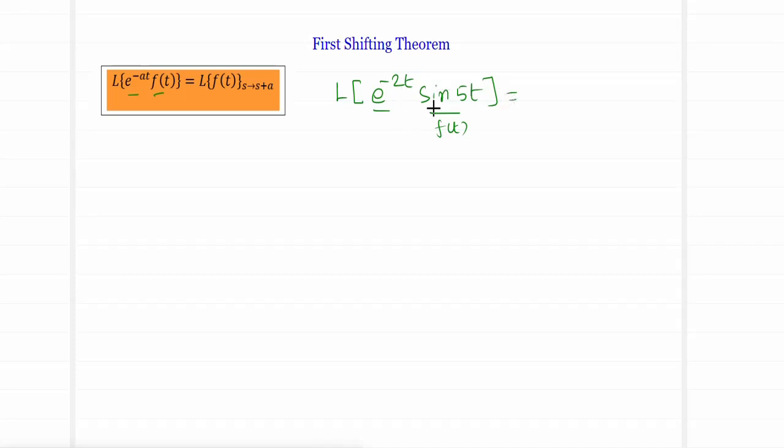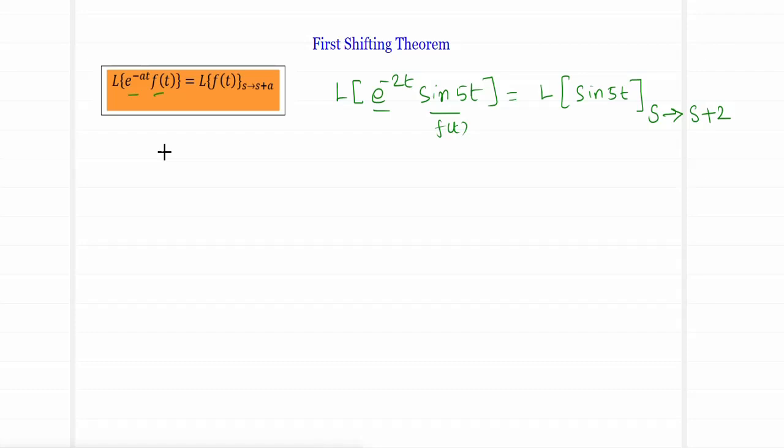The exponential function computes the Laplace of sine 5t, and in the answer, which contains s, this s is shifted by how many units? s plus 2 units, because there is a minus sign here, so it moves to plus 2 units.